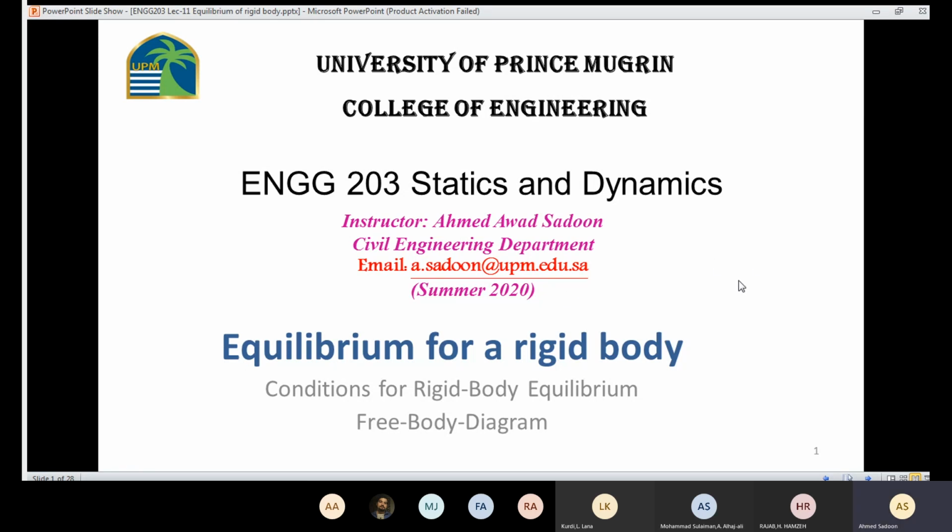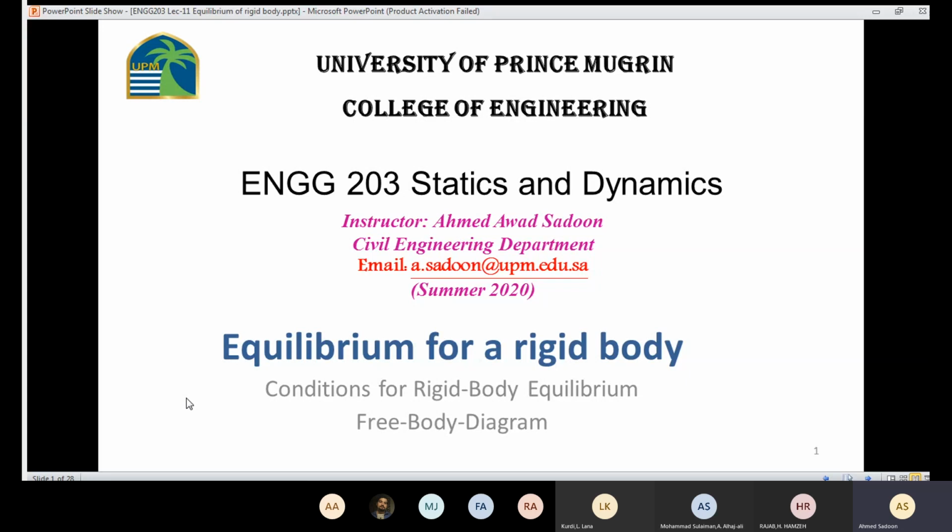And in the first lecture, if you do remember, we have a difference between a particle and a body. So in chapter 3, we discussed the equilibrium of a particle, and now in chapter 5, we are going to discuss the equilibrium for a rigid body.